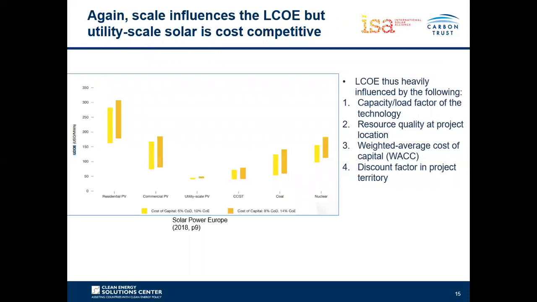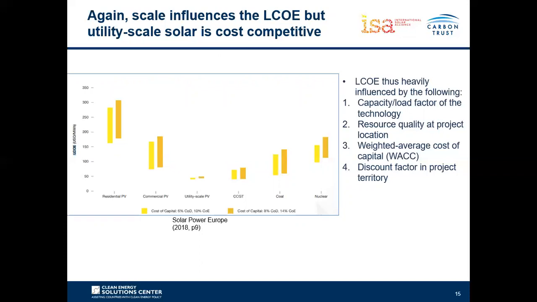In this diagram, the cost of capital assumed is 6% for the cost of debt and 10% for the cost of equity for the light yellow bars, and the orange colored bars assume an 8% cost of debt and 14% cost of equity. So we can see this would probably be in a developed environment because the cost of debt and cost of equity is relatively low here, which we might not be able to see in a developing environment rather.